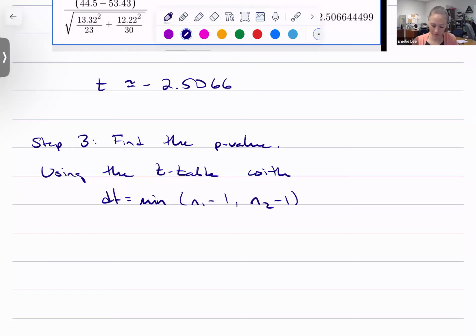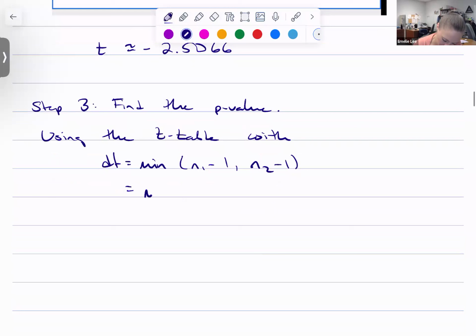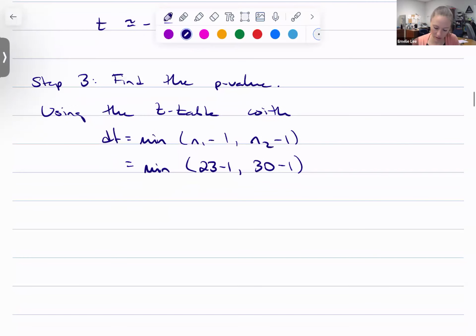In our case, this is going to be the minimum of 23 minus 1 or 30 minus 1. So I'm going to do those calculations inside that minimum function. And so I want the minimum of 22 or 29. Well, the minimum of 22 or 29 is 22. So that's how we are going to find the degrees of freedom.